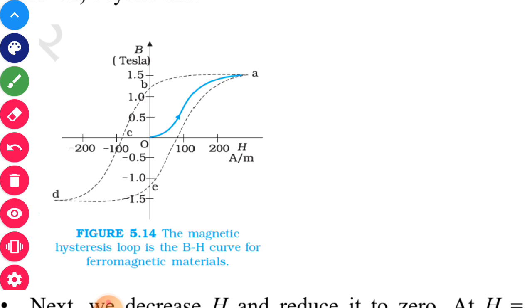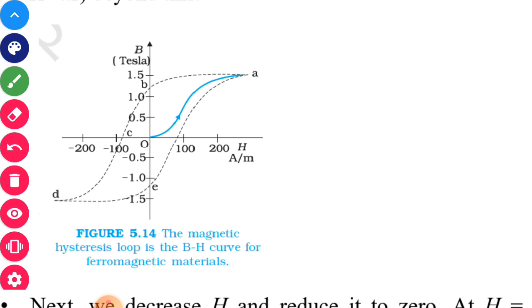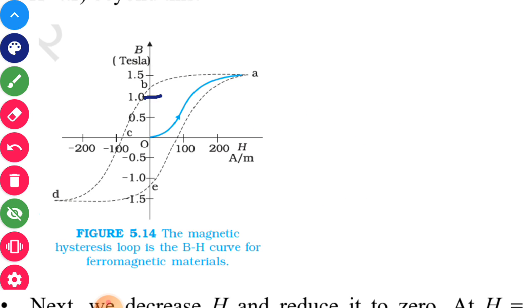Okay, the value of B here is somewhere around 1.2 Tesla, because this is 1. You can see this is 1, then the value here is about 1.2 Tesla.